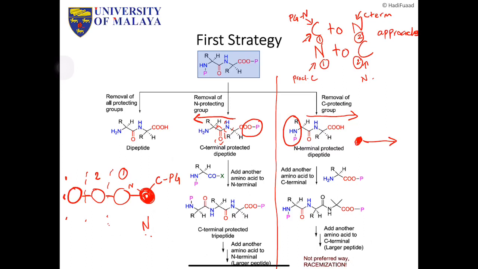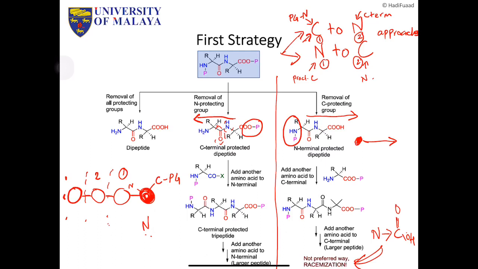Okay, so the issue is, because you have two different options now, even though the first strategy uses protecting groups, and you're hoping that protecting groups can help in synthesizing purer peptides, towards the end of the day, you have two different options that you can choose from to grow your peptide, and only one of them is actually better than the other one, because the N to C approach actually can produce a lot of racemization from the carboxyl.